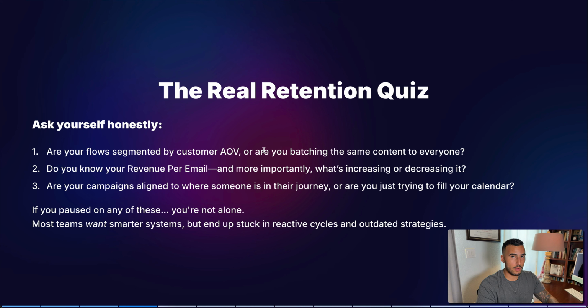Depending on the price point of your product and your average order value, you might have a flow for carts over $500 where we break off and are a bit more aggressive with the incentives because we have bigger margins, versus a flow for carts under $250 where you're not making the best margins, but you still want to apply some sort of strategy to get people over the line. So are your flows segmented by customer AOV, or are you batching the same content to everybody? That's the first thing you want to ask yourself.